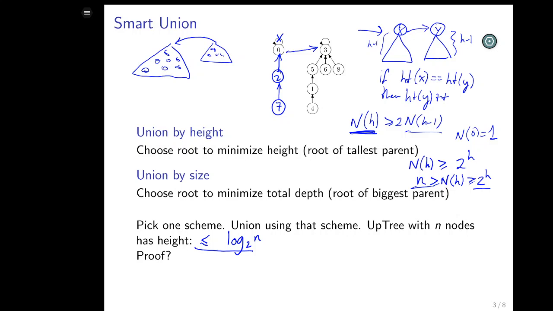Union happens to be a binary operation. There's two things that are involved. It has to be the case that both of them are the same height in order for the height to increase. And so the minimum size tree that you can get, which has a particular height, is going to be a binary tree. It will be because the union operation is a binary operation.